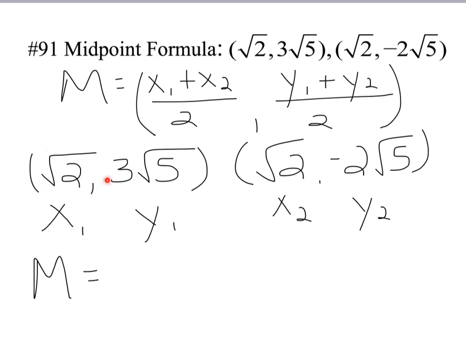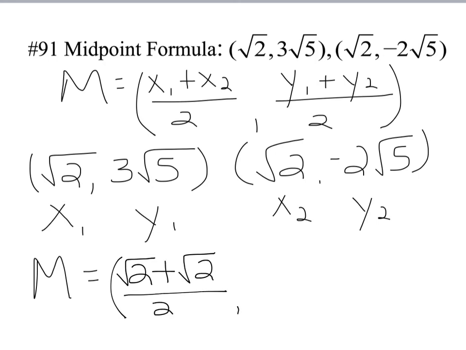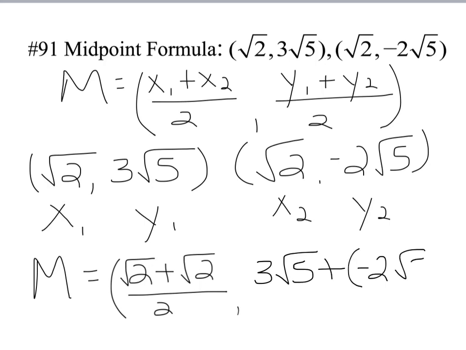So I'm going to say the square root of 2 plus the square root of 2 over 2, comma. Then they want y1 plus y2. So y1 is 3 square roots of 5, plus y2 is negative 2 square roots of 5, all over 2.